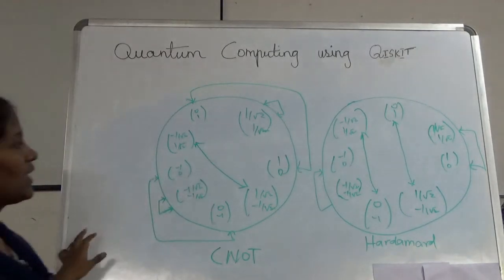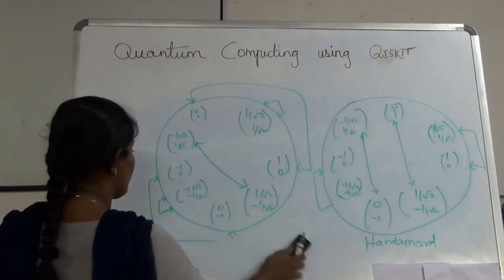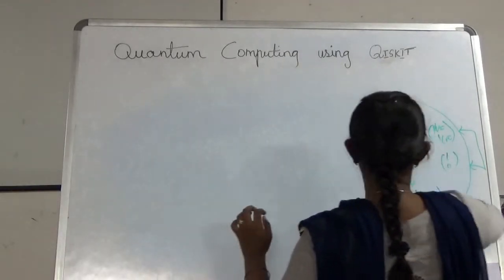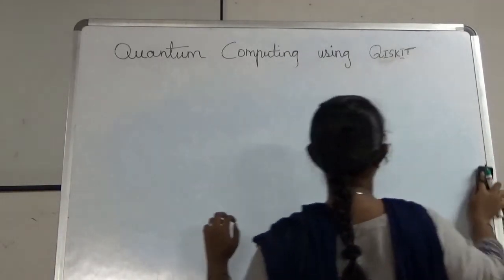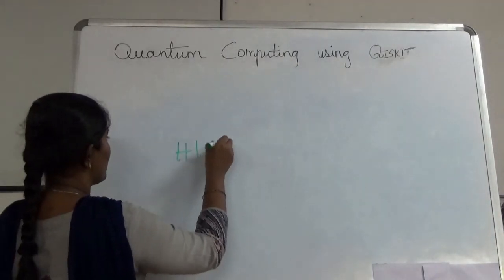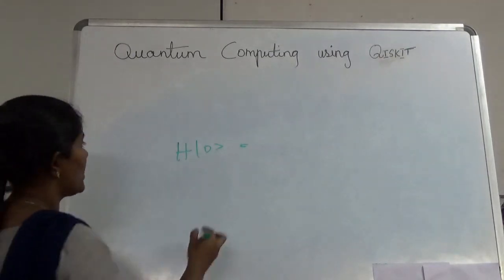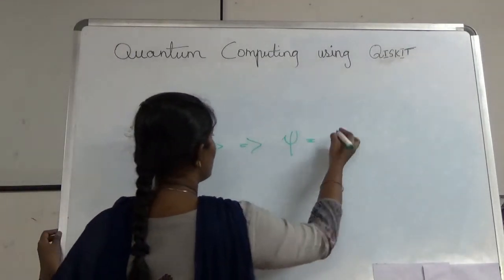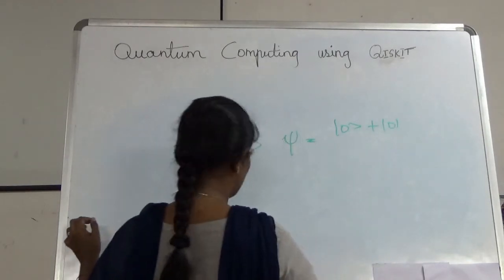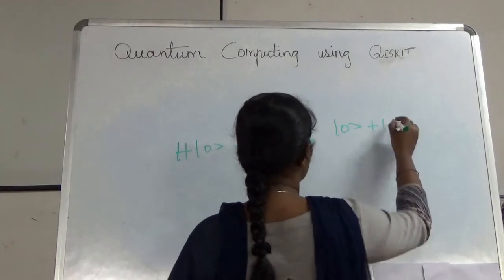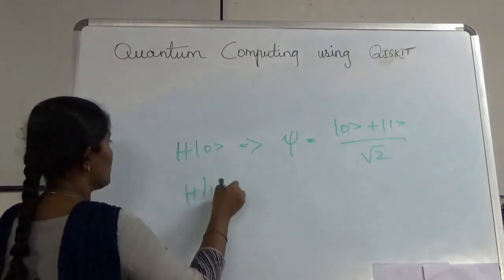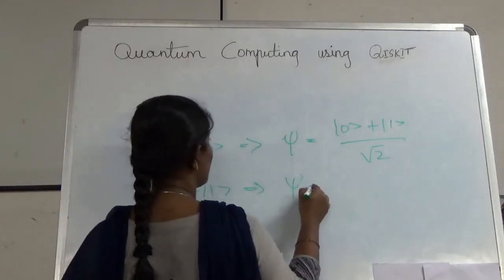These two are the state transition diagrams of the two gates. If we apply the Hadamard gate to 0, the state notation will be as shown, and if we apply the Hadamard gate to 1, the state notation will be as shown.